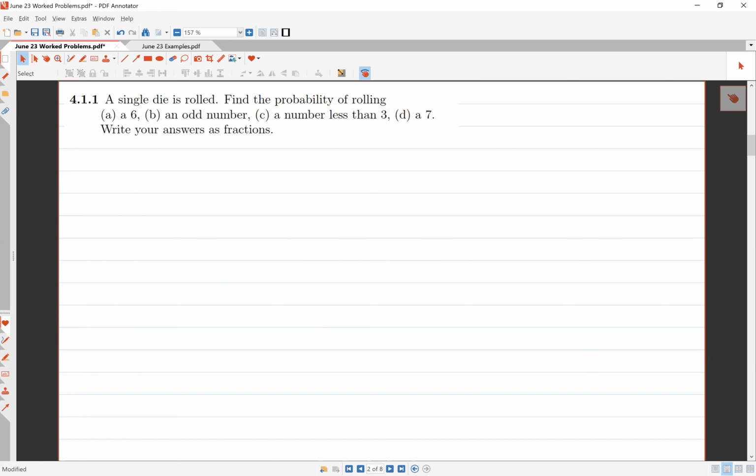So rolling a die is an example of an experiment, because if you roll a die twice, there's no guarantee that you're going to see the same number come up twice. And whenever we do an experiment, all the possible results that can occur, we refer to those as outcomes.